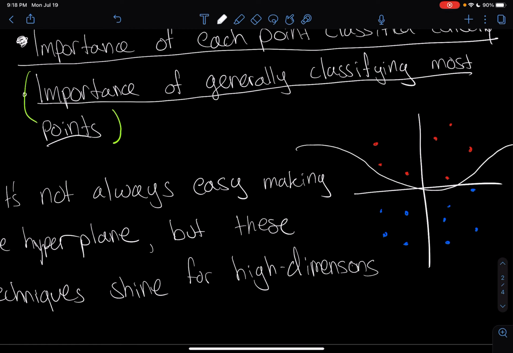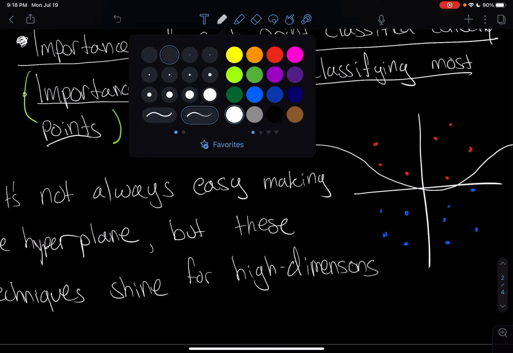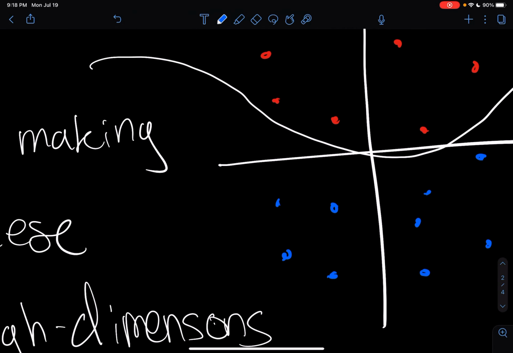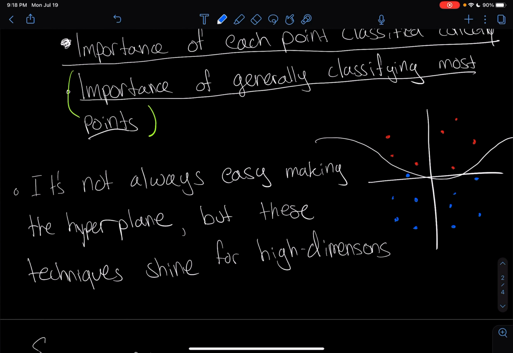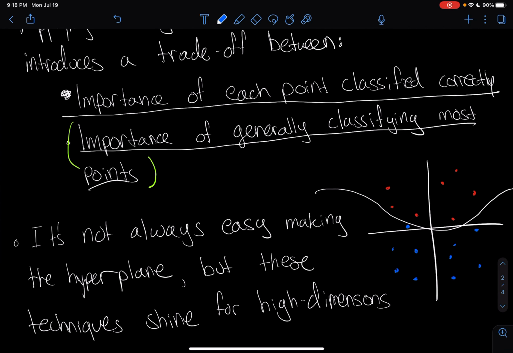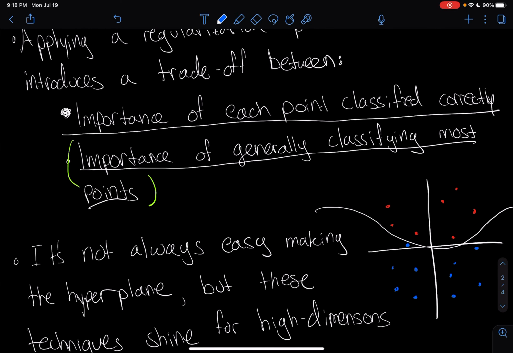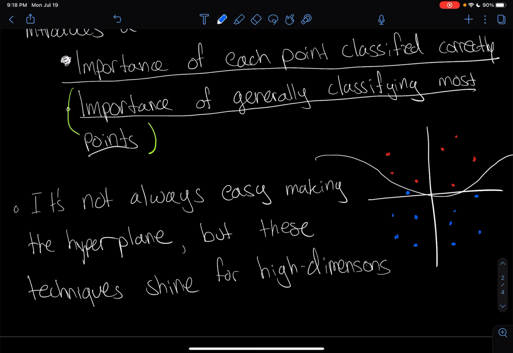It still classified everything correctly, and if I got that brand new blue point to come in, it might be above the x-axis, but it's still classified correctly. The point I'm making here is that these techniques, logistic regression and SVMs, show their strengths in the higher dimensionality data sets. So if you are using them for data that has a lot of different features, then you can expect to see some gains in your prediction accuracies, whether it's testing or training data.